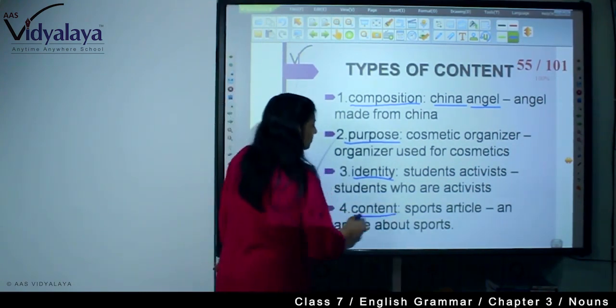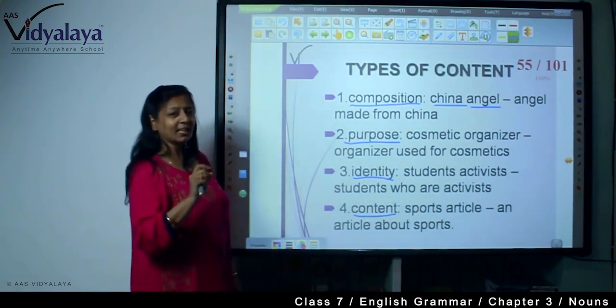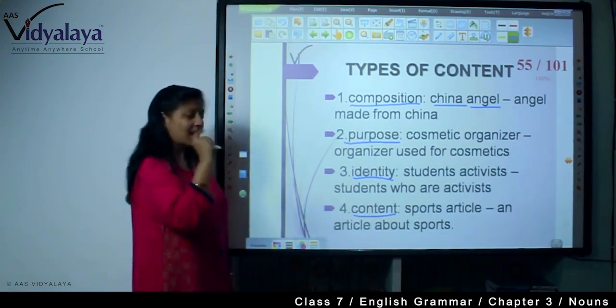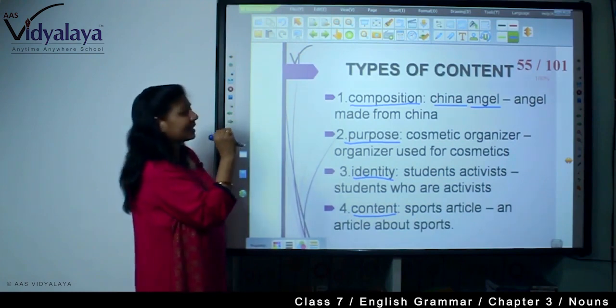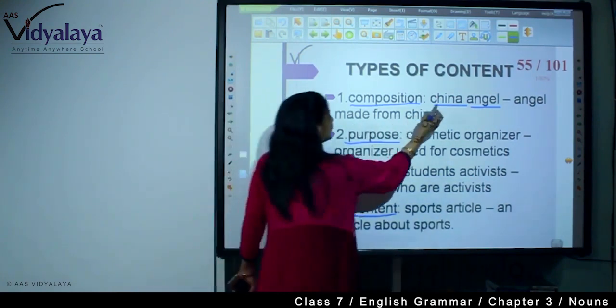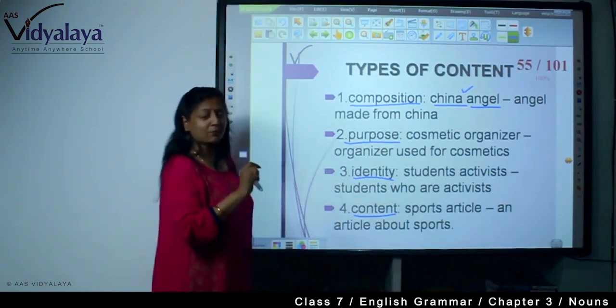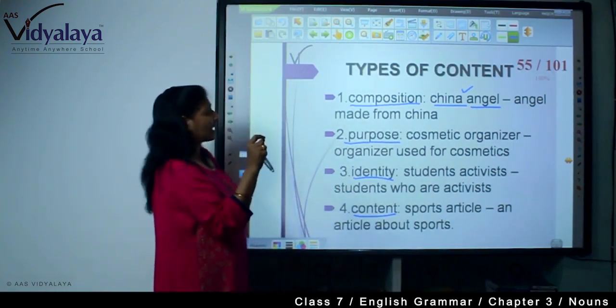Now content. Sports article. Which article are you reading? I am reading a sports article. So an article about sports. So in this way see here, these things are very short. The purpose is met. Have you seen that this is for shorter meaning?